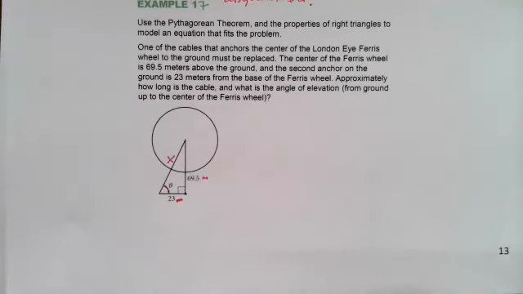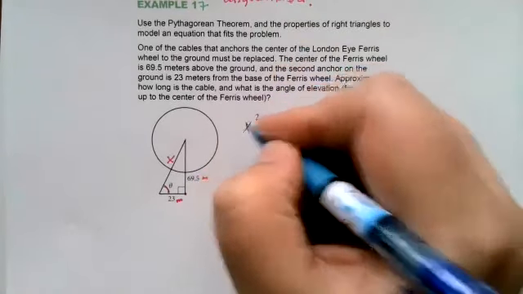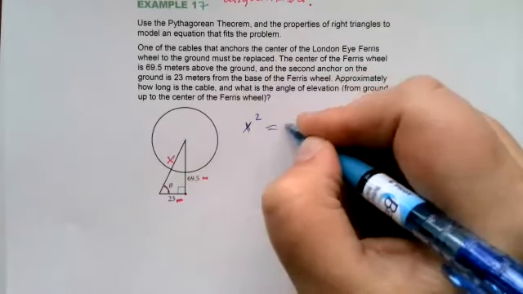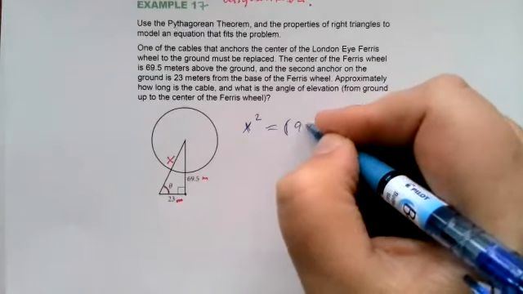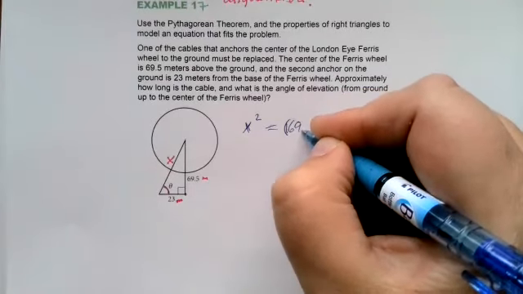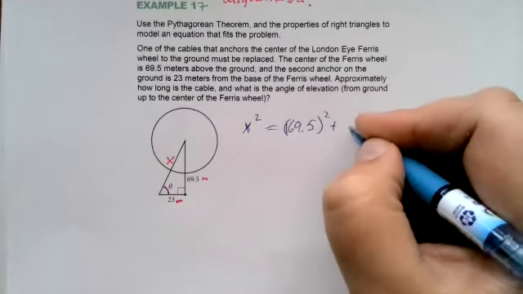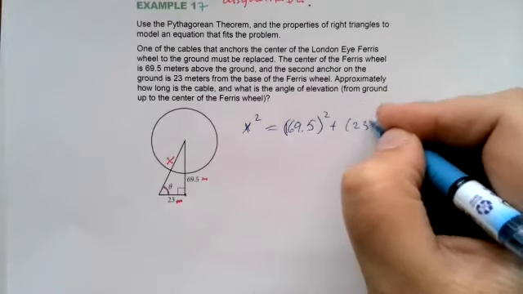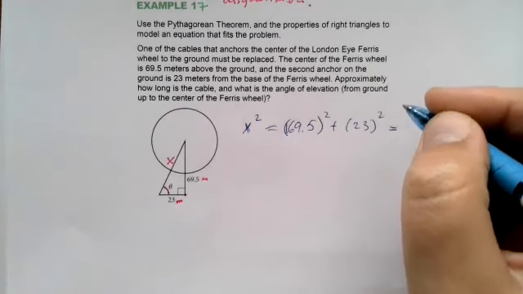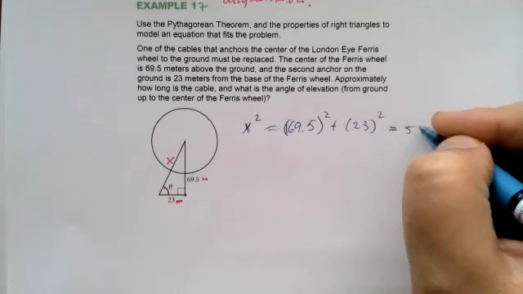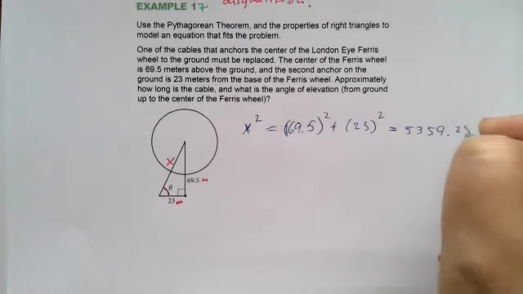Easy, right? So we know the Pythagorean theorem tells us that the square of the hypotenuse is the sum of the squares of the sides. Okay, so that will equal 359.25.